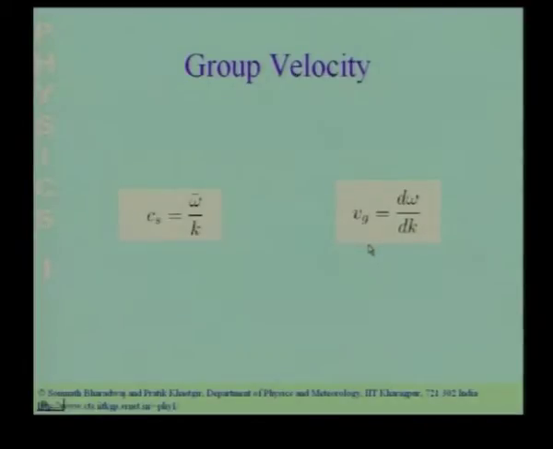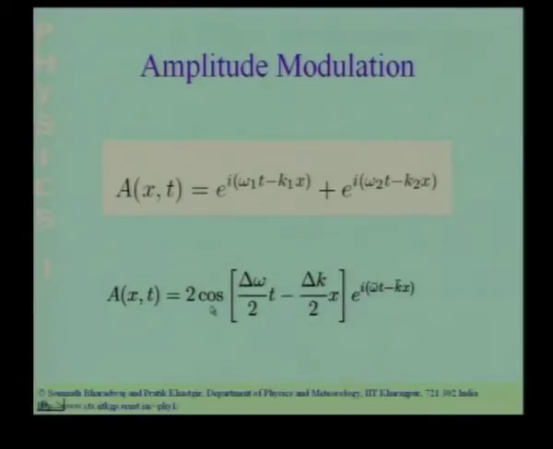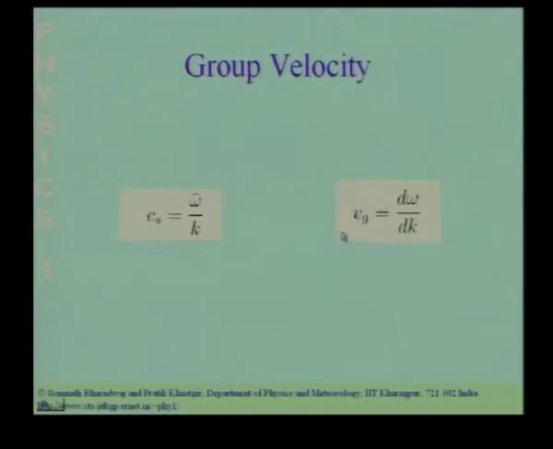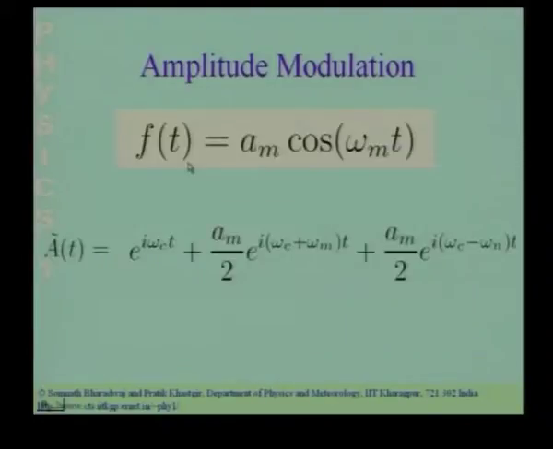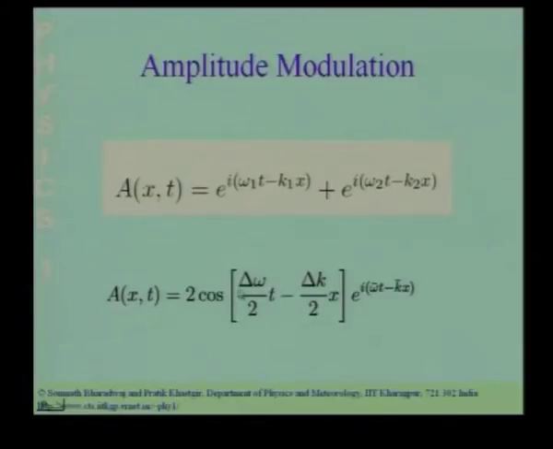And we have already discussed that the modulations can be used to send information. So, the group velocity usually tells us the speed at which information can be carried by the wave. It is the propagation of this modulation that carries information, that carries signal, and the modulation in the amplitude itself propagates, as you can see here, at a speed which is the ratio of this delta omega to this delta k, the ratio of this coefficient to this coefficient.